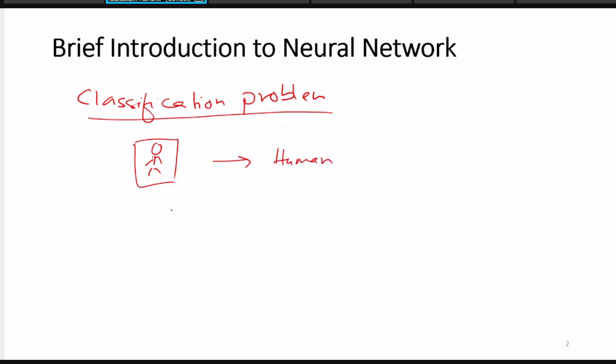Or if I give some kind of vehicle, another image or some input, I want to classify this as a vehicle.